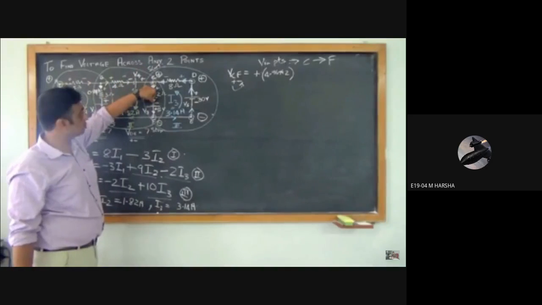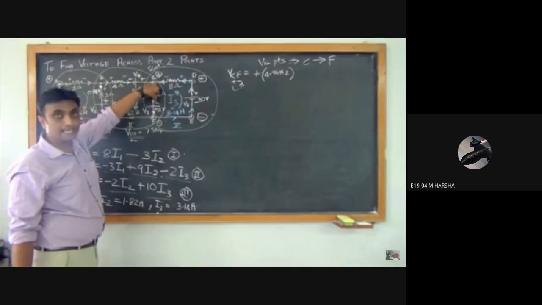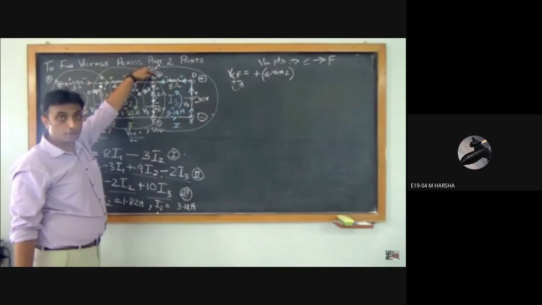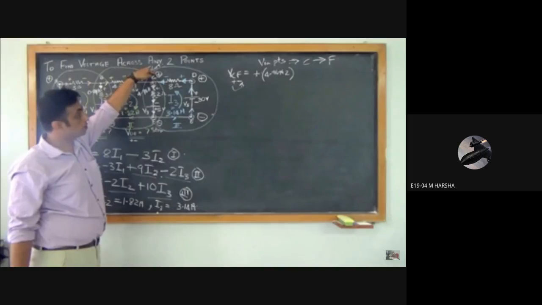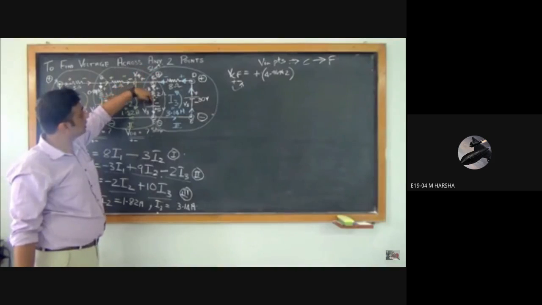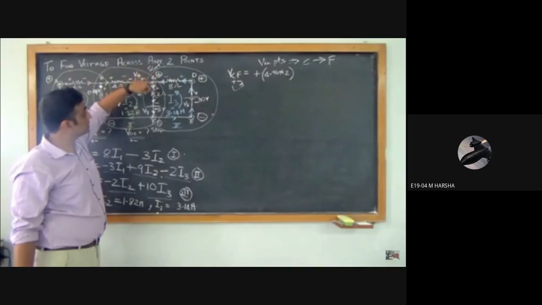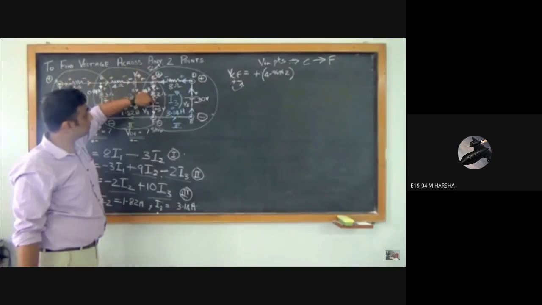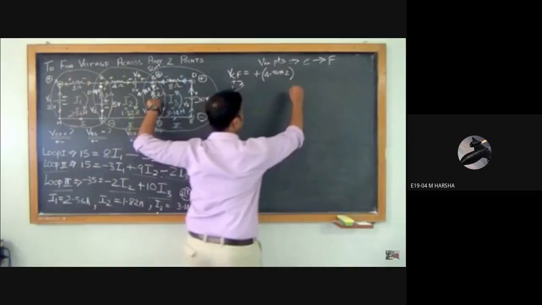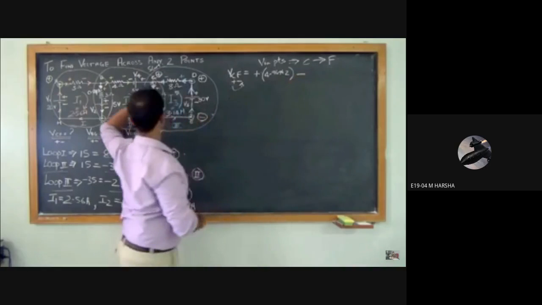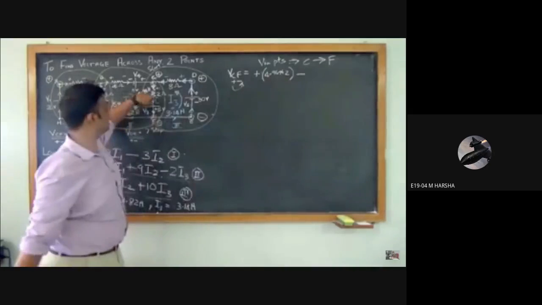Then again, the first terminal of the voltage source is negative. Again multiply positive with negative. So with reference to C we have a positive, and positive into negative will give us negative.